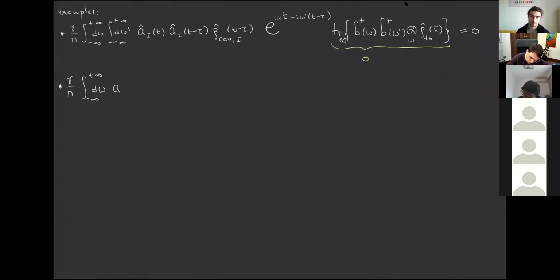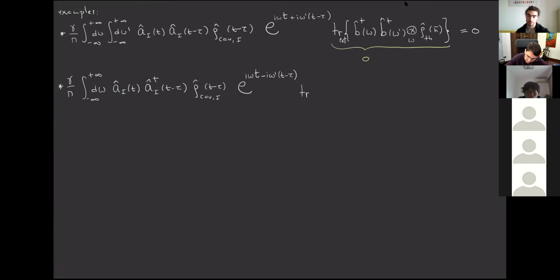We get now AI of t, AI dagger of t minus tau, and then the state of the cavity at time t minus tau, then the exponentials. So the first exponential is just the same as before, and now we have the opposite sign for the other one because it's A dagger. Oops, t minus tau.